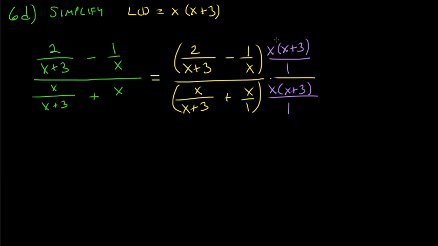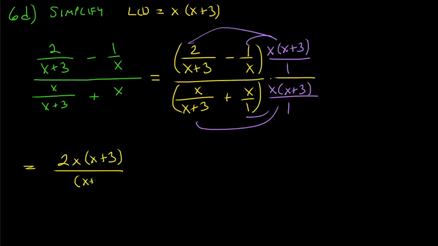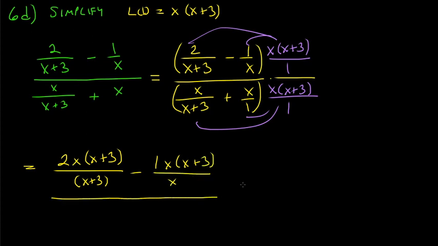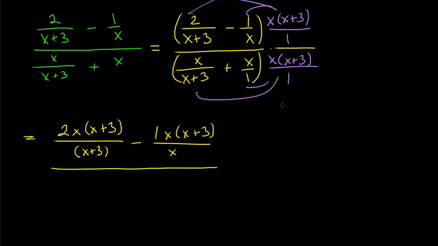We're also going to have to distribute, so this is a lot of work. We're going to get 2x, x plus 3 over x plus 3 minus 1 times x plus 3 over x. And that's just the numerator. Now we have to do the denominator.